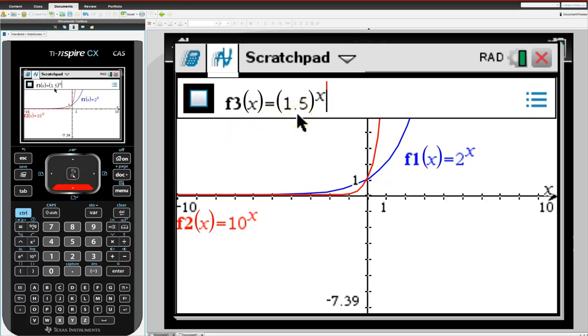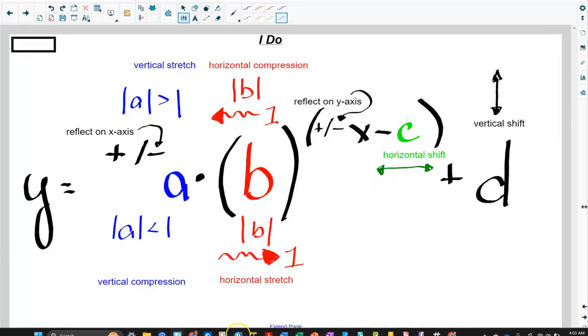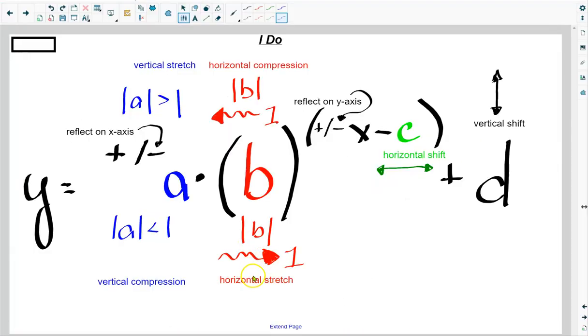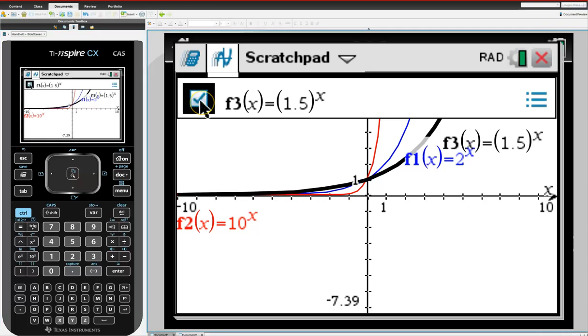Now let's go to a base of 1.5. 1.5 is closer to 1, and according to our notes, the closer you are to 1, there's a horizontal stretch. So let's see if that happens. Okay, so here's 2, and because 1.5 is closer to 1, we've got a horizontal stretch.